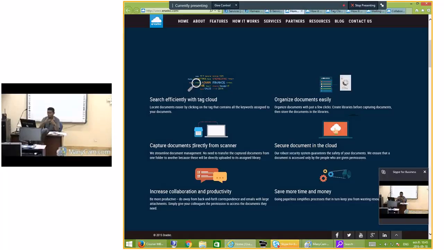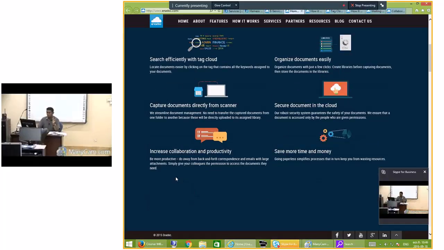So once you scan those things, you can tag the documents, right? So once you tag it, you can organize. Whenever you need to get it back, or when you need to share it with others, you can easily collaborate with others.